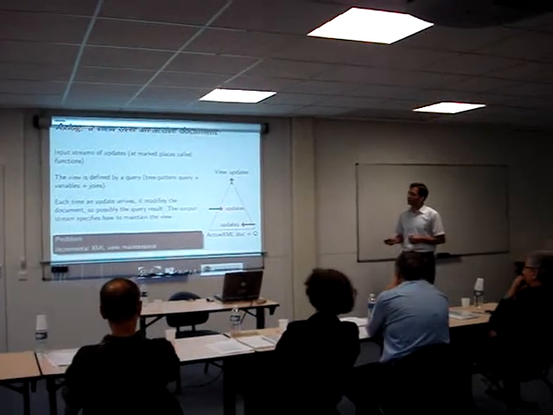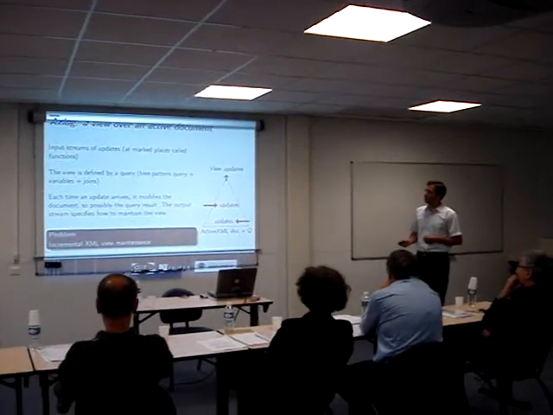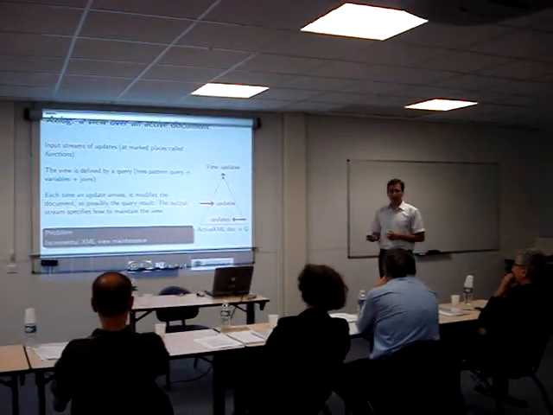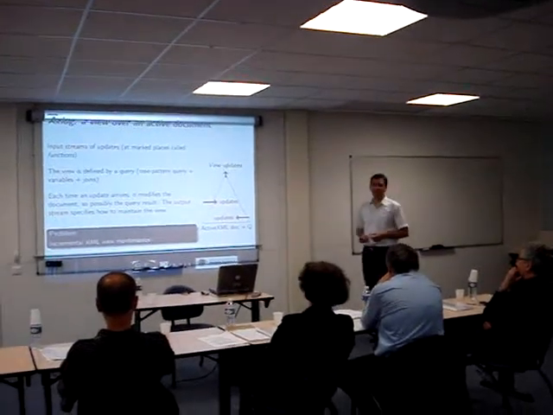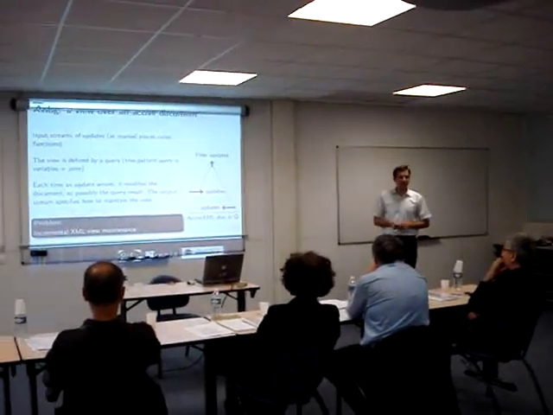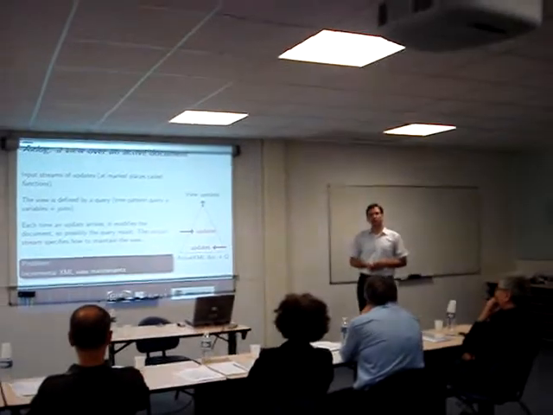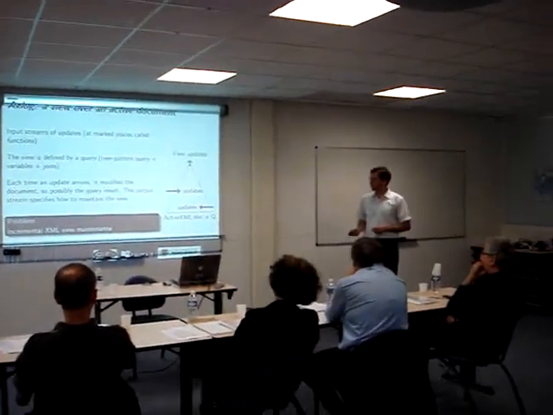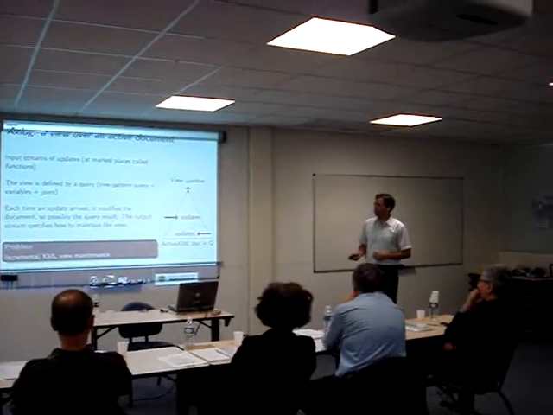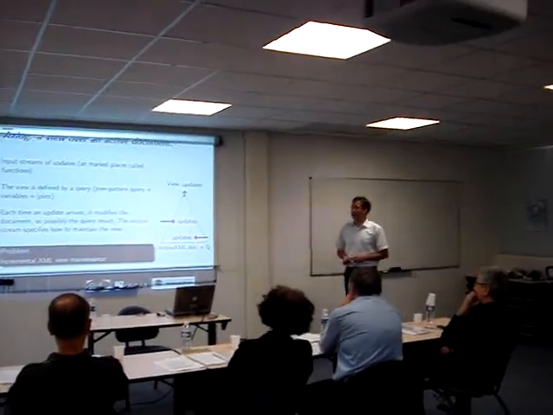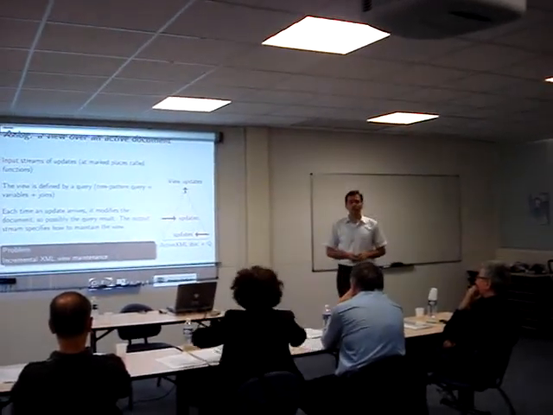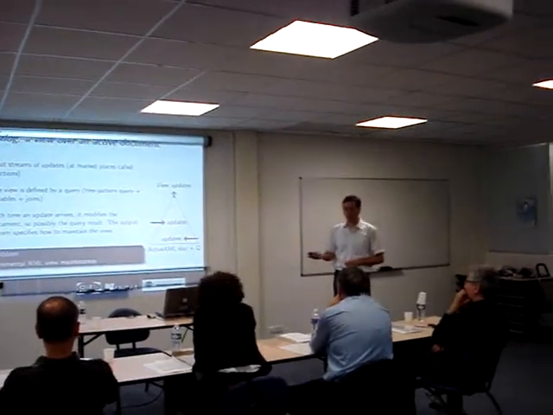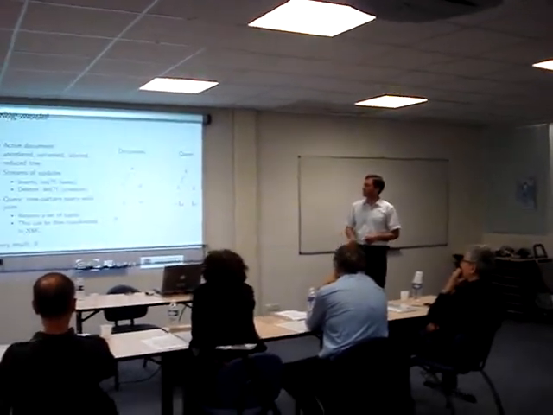Now we have views that consist in tree pattern queries, and each time an update arrives, it typically modifies the document, so possibly the query result. And we need to maintain the query, so to produce a stream of updates. So we have a problem that is view maintenance of our XML documents, and we try to solve this in an incremental way. I'll show you next how.